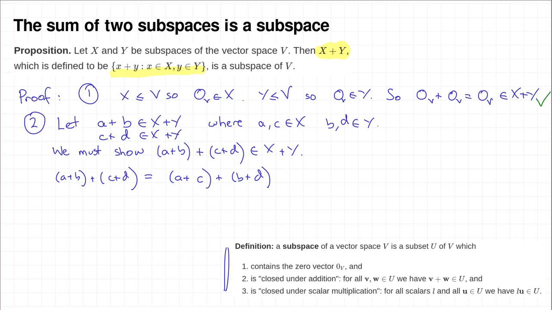Let's write down the reason this was true. This is because vector addition is associative, which means you can re-bracket it however you like, and commutative.